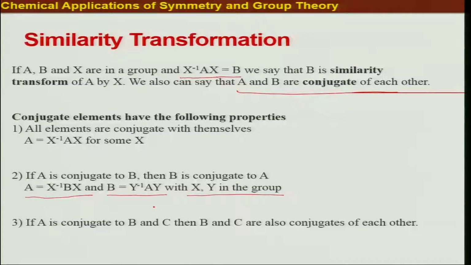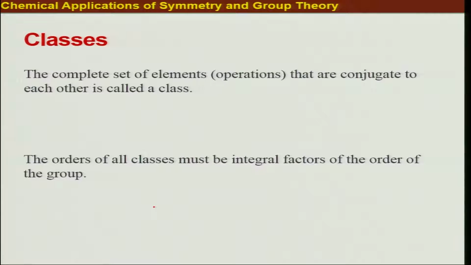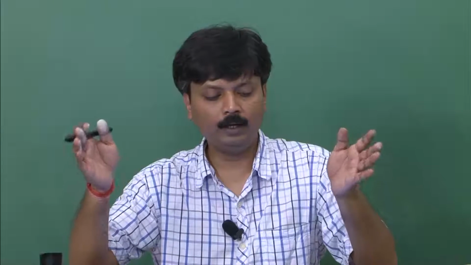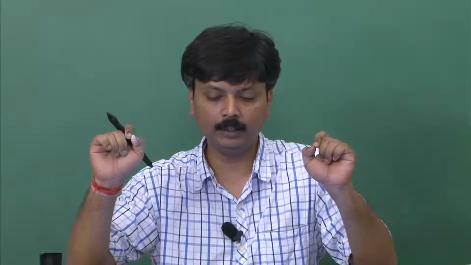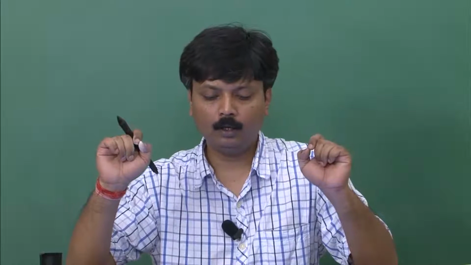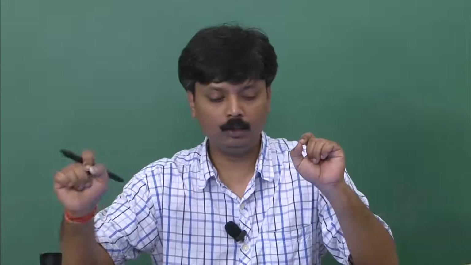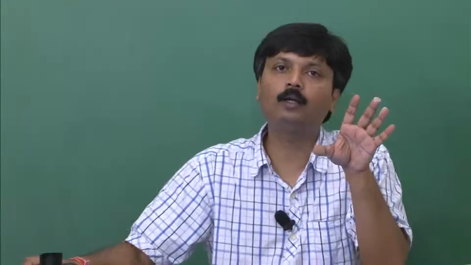Now, if you take any particular group and perform a similarity transformation on all the elements, then if you find a complete set of elements, which are symmetry operations here in case of point group, which are conjugate to each other, that complete set is called a class.